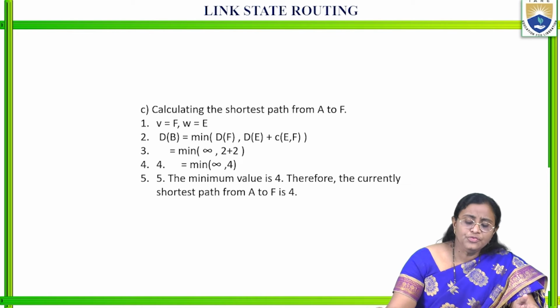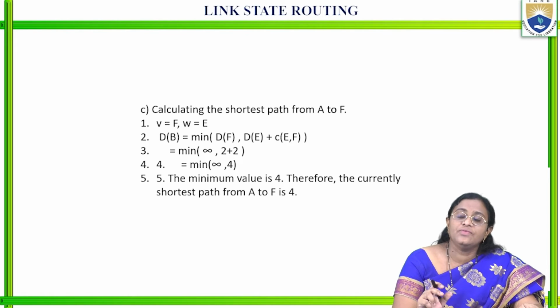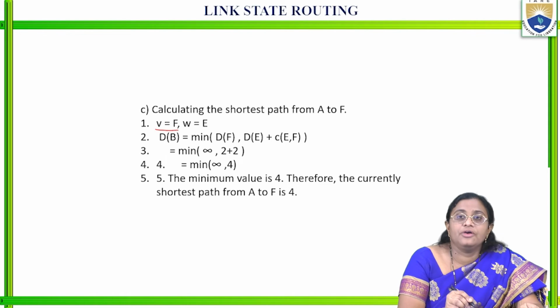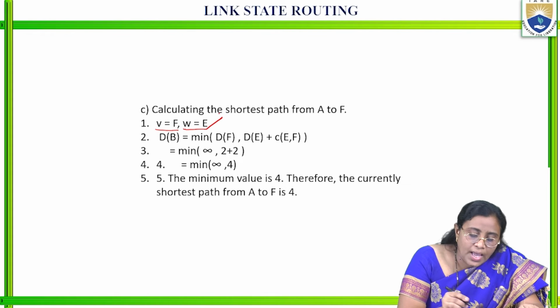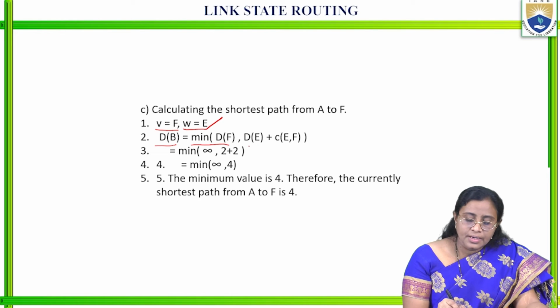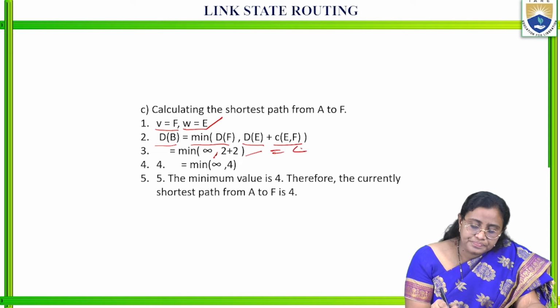Next, if you want to calculate the shortest path from A to F according to the given network topology, V is equal to F and W is equal to E. So, to determine D of F, it is equal to minimum of D of F and D of E plus C of E, F, which is minimum of infinity and 2 plus 2, so it is equal to 4.